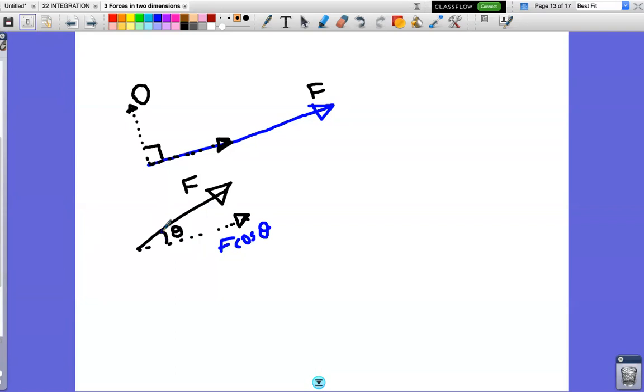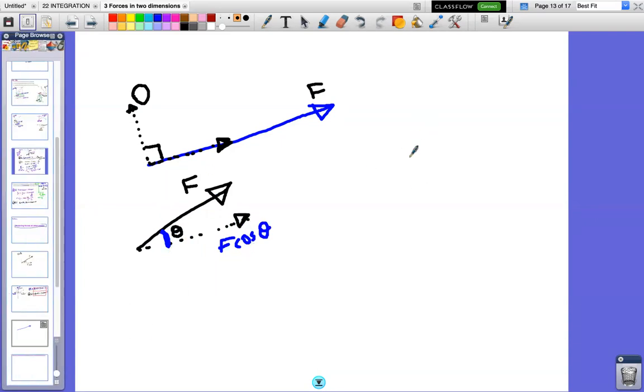And the component of the force in any direction will be the magnitude of the force times the cosine of the angle that the force makes with that direction. So if I have a force F, I can find a component of this force in this direction. If this angle is alpha, the component of this force here will be F cos alpha, always F cos alpha. This idea is very important when we start to talk about work.